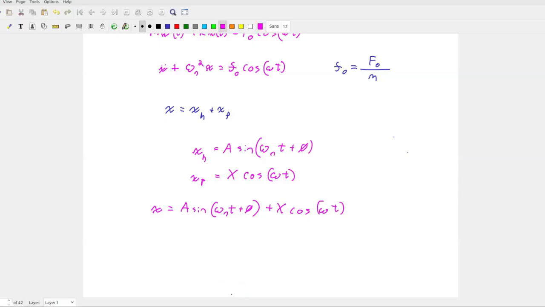This is one of those equations that if you don't write much down, at least write this one down. That is going to be our solution for the forced function.